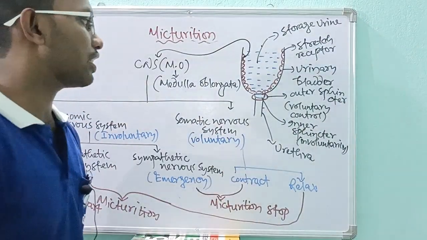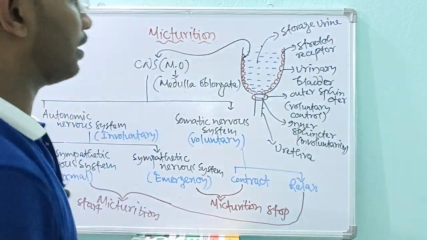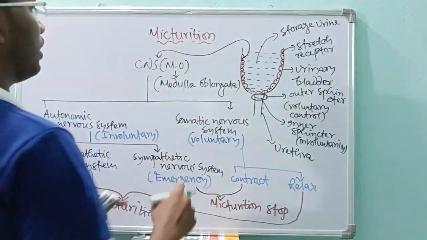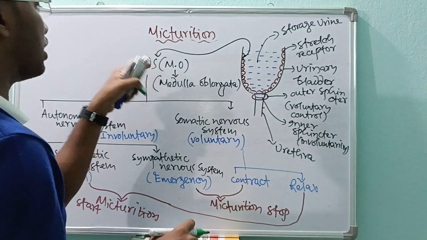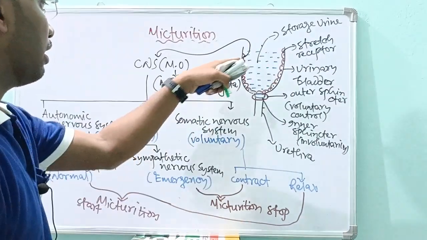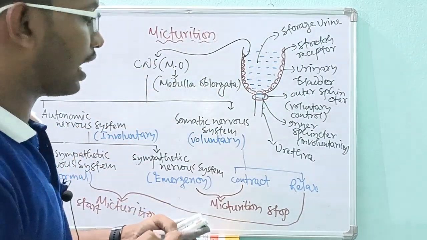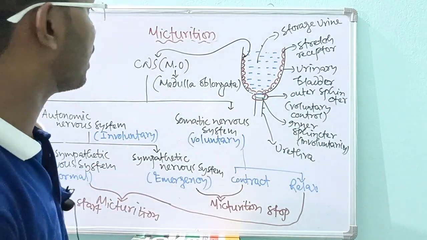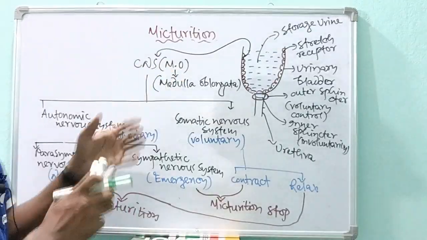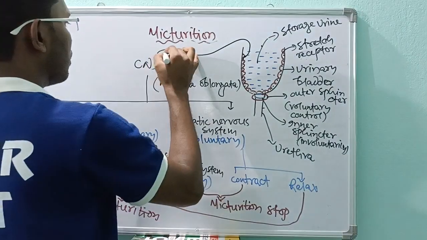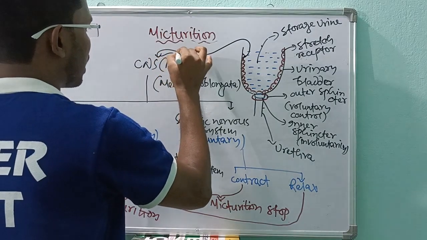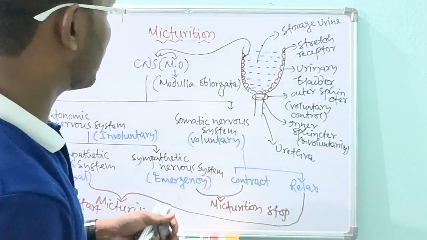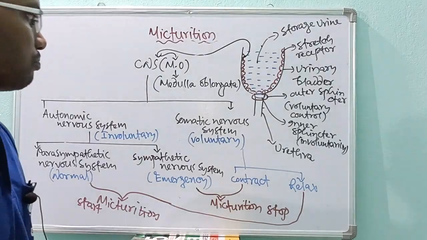Once the stretch receptors are stimulated, this impulse is transmitted to the central nervous system. It transmits a signal which tells the central nervous system of the brain, and the central nervous system transmits that signal to the medulla oblongata.